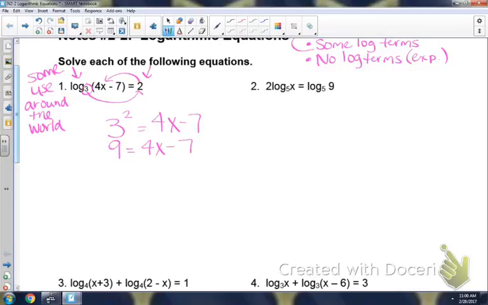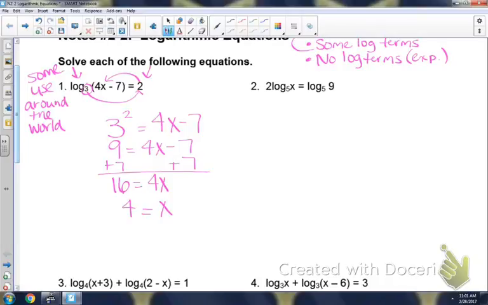And then now we have a linear equation. So we're going to add 7. So that's going to be 16 equals 4x. So divide and x would equal 4. Now, on log equations, there are sometimes extraneous solutions, which means it doesn't really work out.